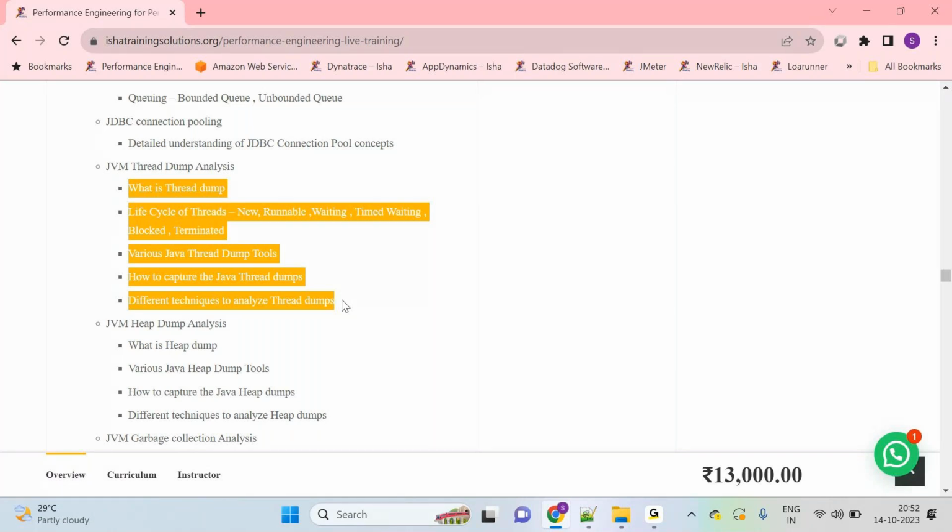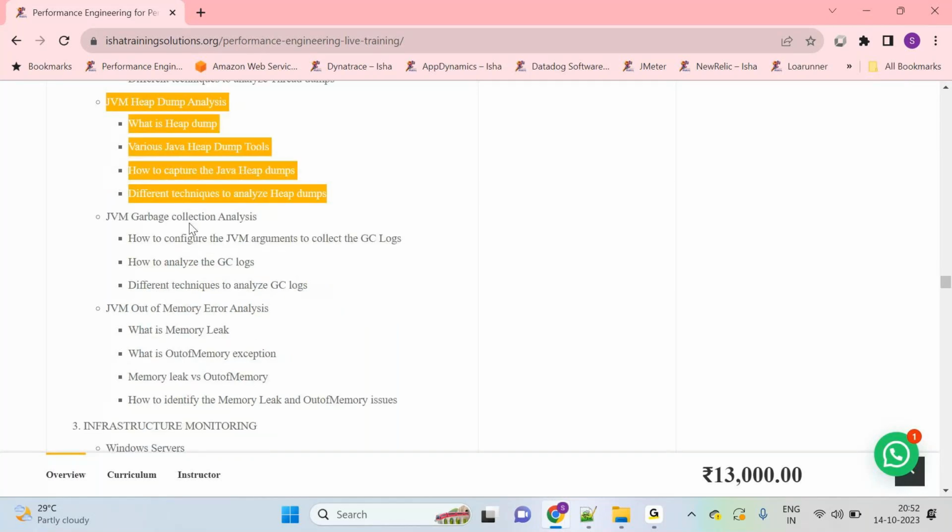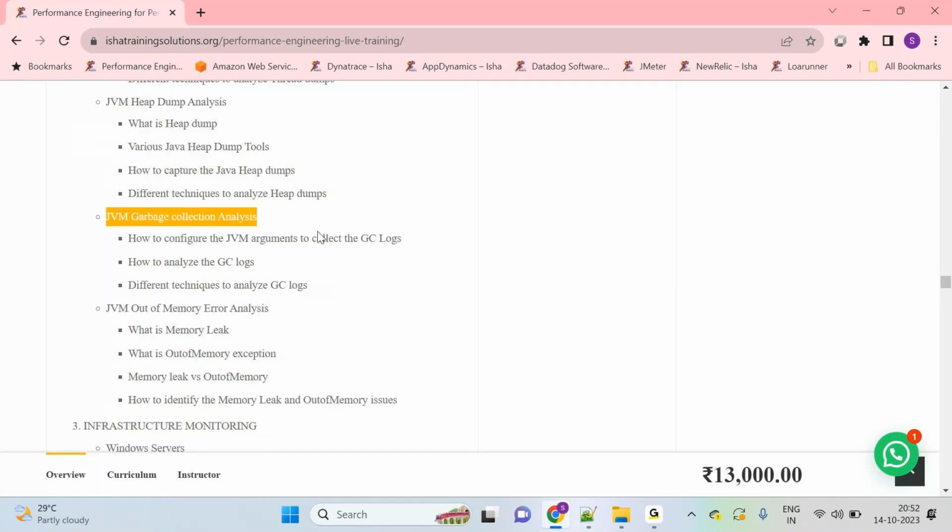And then heap dump, in the same way: what is a heap dump, how to capture it, how to analyze it. Similarly garbage collection: how to capture it, how to analyze it.